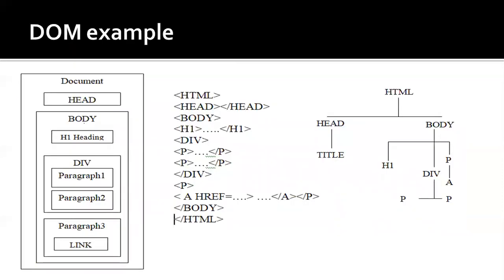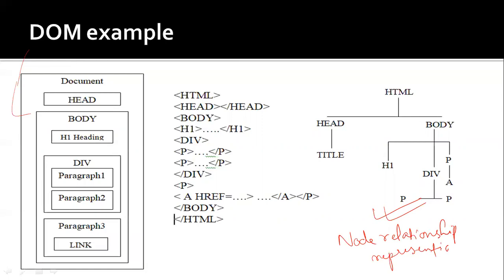You can see here in this example, this is the node relationship diagram, or we can say the tree-like structure, that is DOM, the document object model.